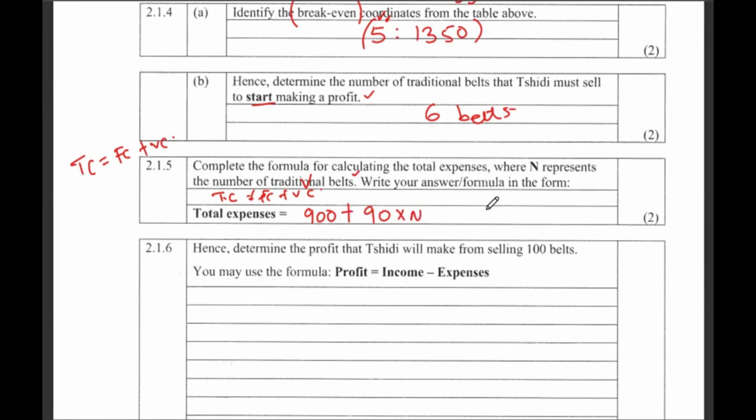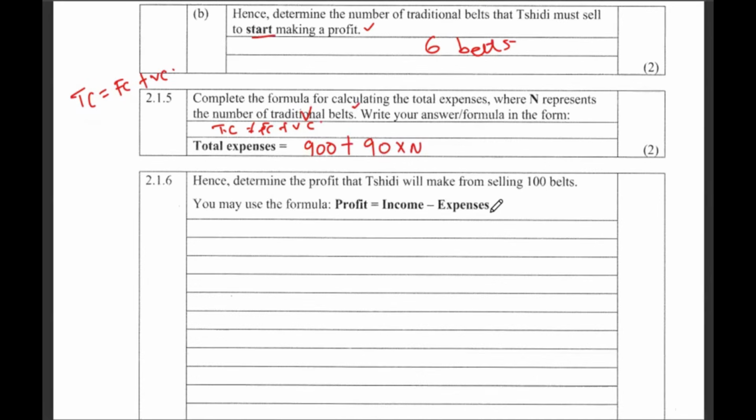Then hence determine the profit that she will make from selling 100 belts. And then they're telling us that profit is income minus expenses. Now let's see. The income from 100 belts, remember she's selling each belt for 270 rands. If we multiply this by 100, we're going to get 27,000 rands, okay?